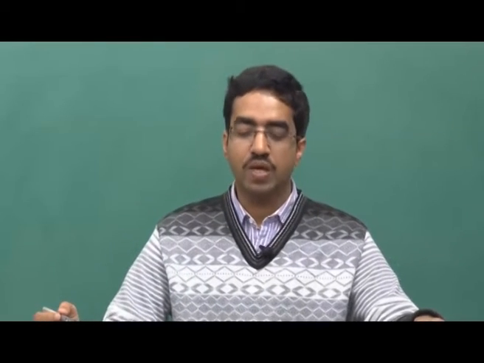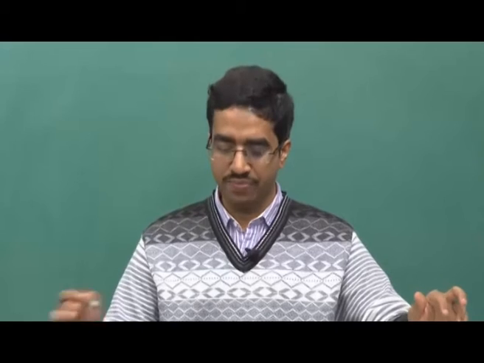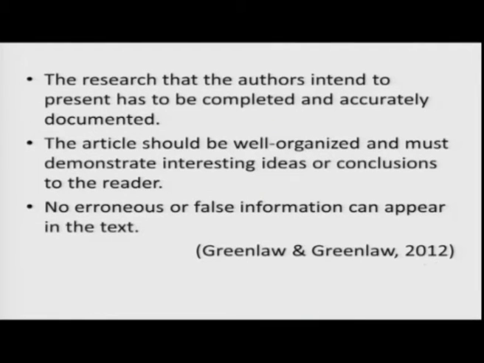So, what are the specific things you need to keep in mind? According to Greenlaw and Greenlaw 2012, the research that the authors intend to present in a research paper has to be complete and accurately documented.